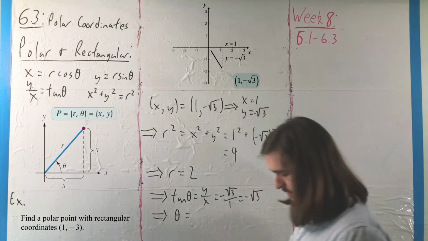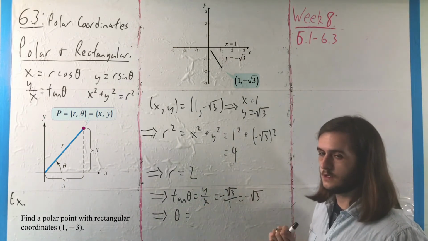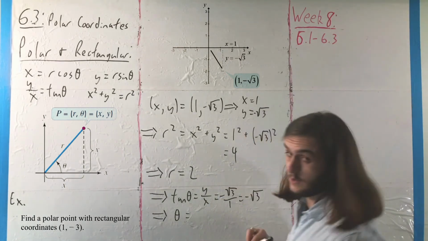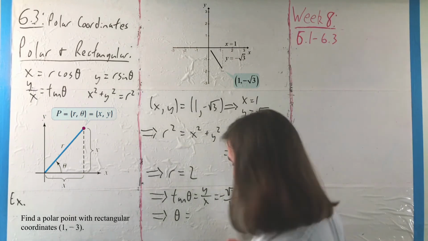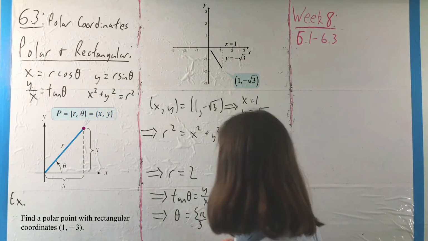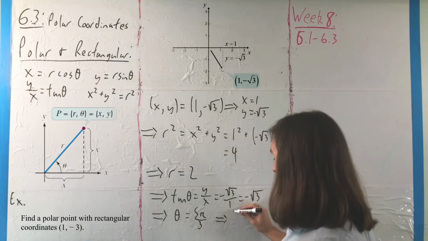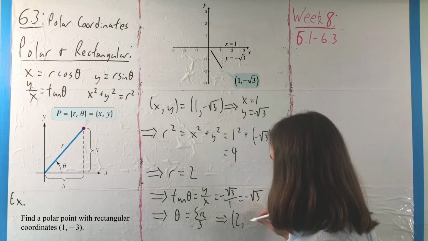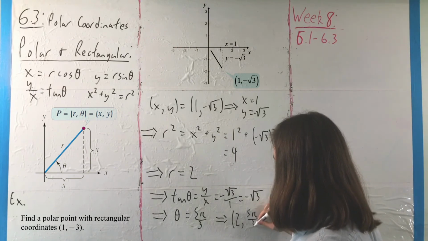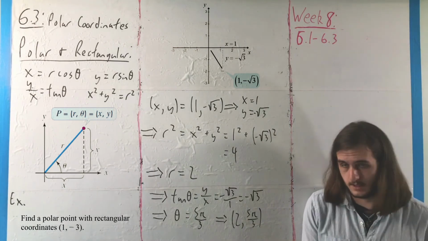That is, we want the value in the fourth quadrant in this case, since we're coming all the way down to there, as our picture says, or 5 pi over 3, which says, just to be sure, that one way we can represent this point is (2, 5 pi over 3).